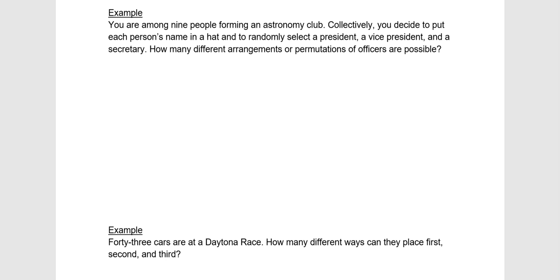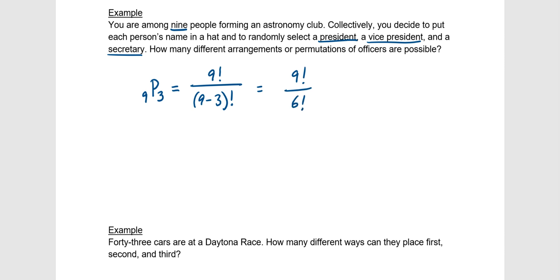So this is going to be 9 total people, and there are 3 total positions. So this is going to be 9P3. We're taking 3 out of the 9 and putting them in order and seeing how many ways we can put them in order. So this is going to be the formula 9 factorial divided by (9 minus 3) factorial. So in the denominator, that gives us 6 factorial.